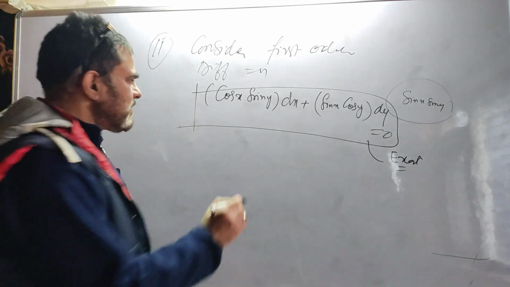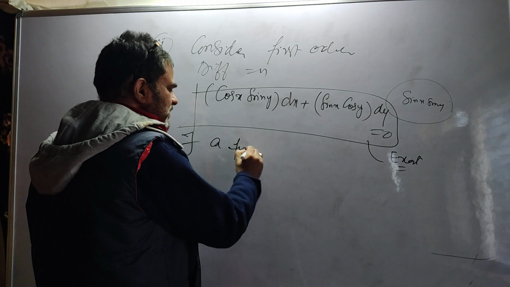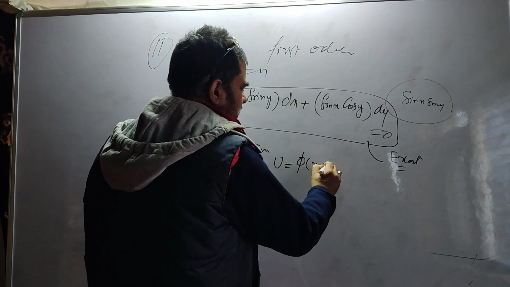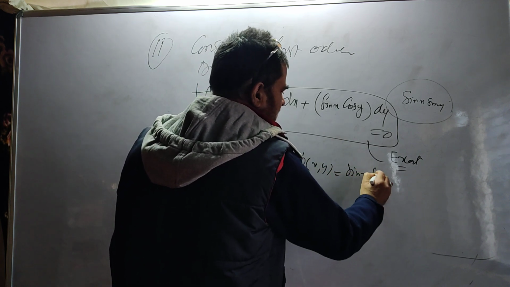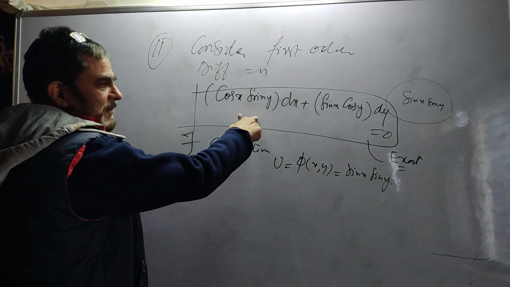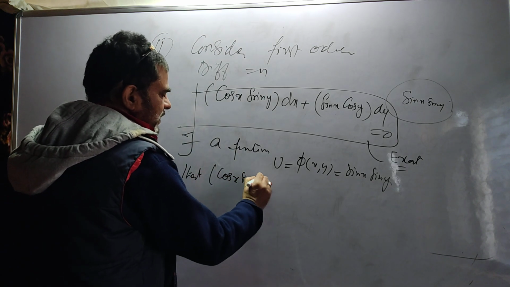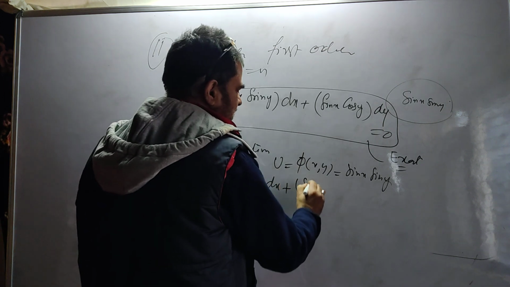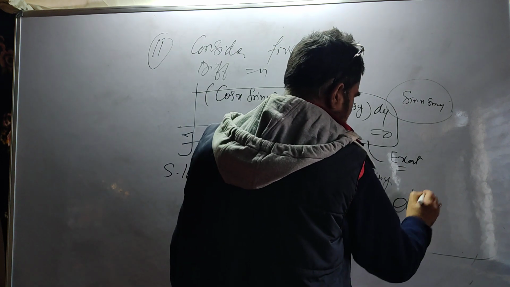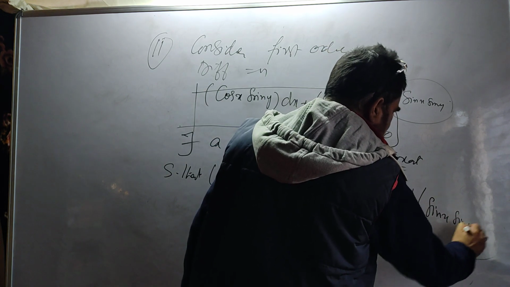Why is it exact? Because there exists a function, that is u, a function of x and y, which is sin x sin y, such that the given differential equation, cos x sin y dx + sin x cos y dy, can be written as the total differential of sin x sin y.